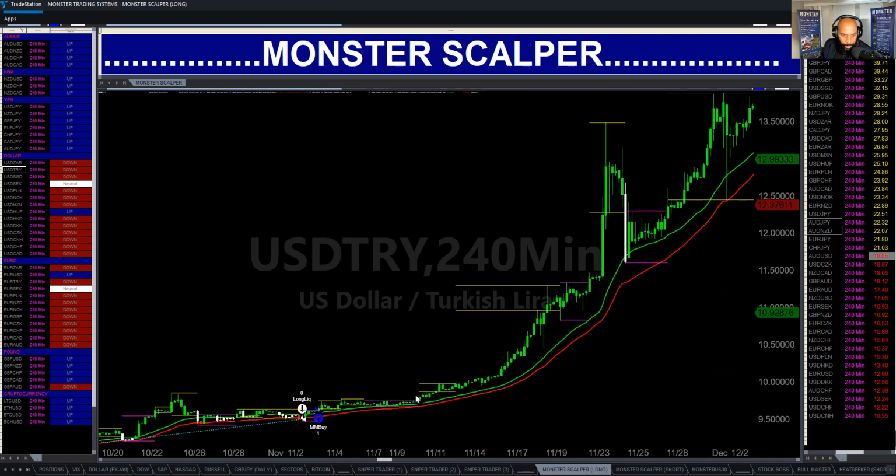When the price broke this resistance line, that's your reaccumulation. So we could have added here. Our first position would have been here for $50. Price broke here, we would have added another $50. Price broke resistance here, we would have added another $50. Then price broke resistance here. All of this is the reaccumulation phase.